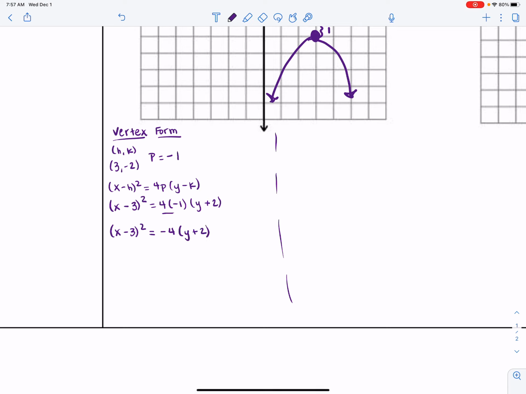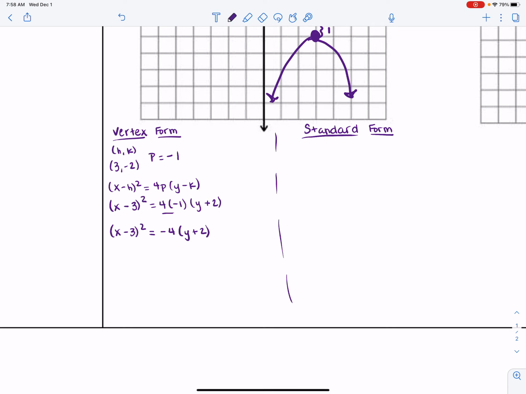If I want to rewrite that same equation in standard form, then I just need to multiply everything out. So remember, standard form is when you've got ax squared, bx, and c. So you just need to multiply it all out.